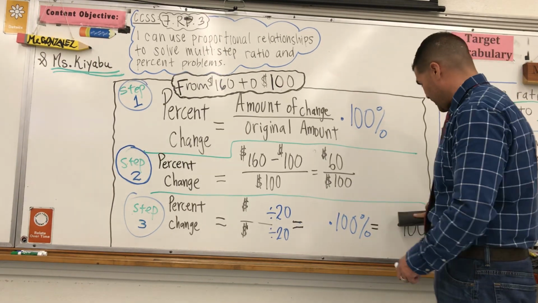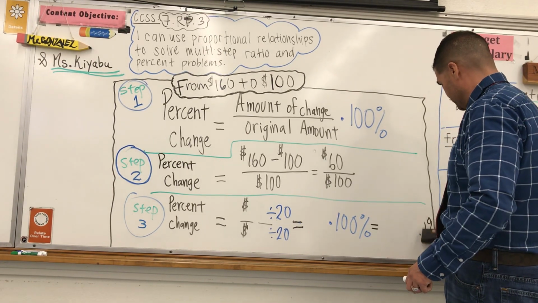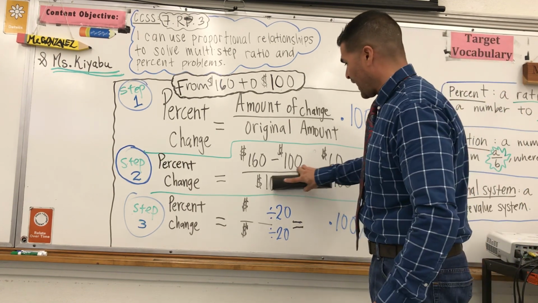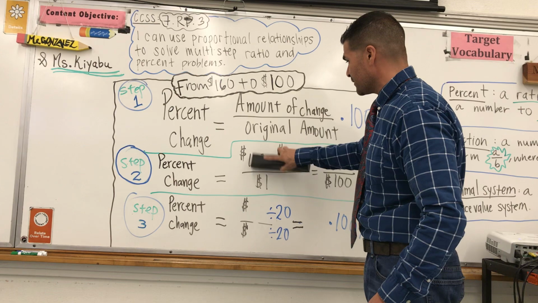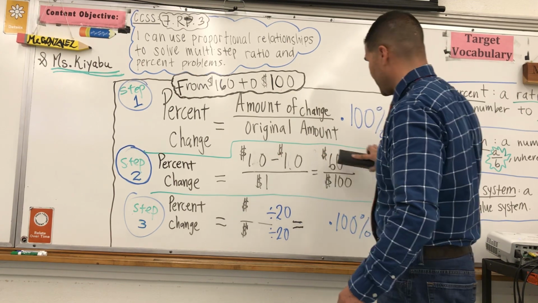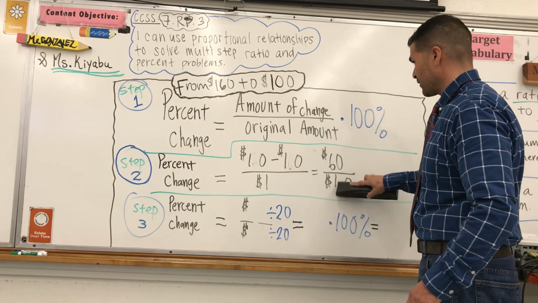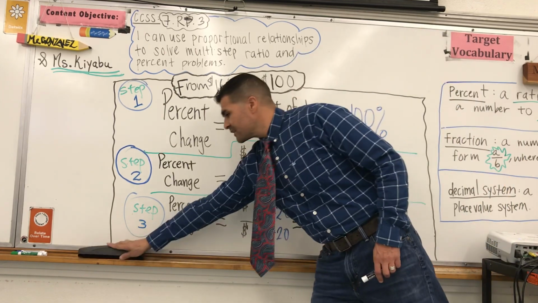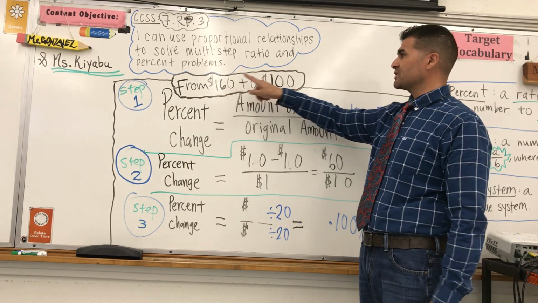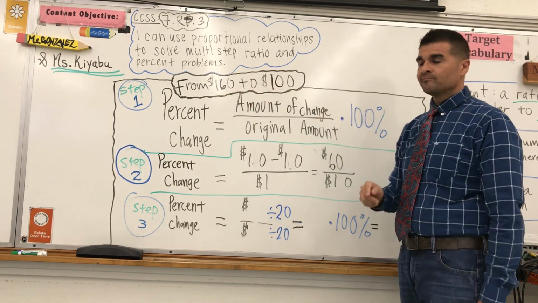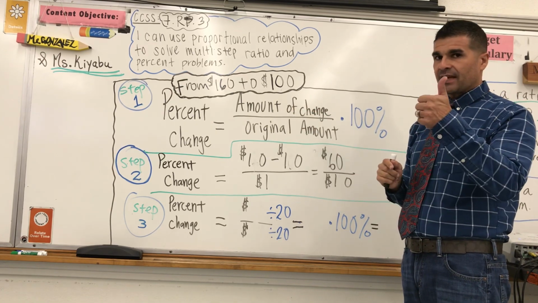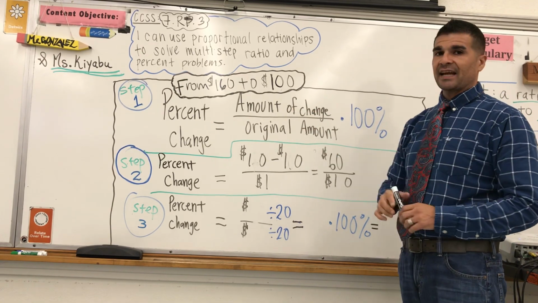I'm going to write some new numbers here, just so you guys can catch up with me. All right, let's take a look at what this problem said. It said from $160 to $100. Well, the equation is not going to change. That is going to stay the same. But the numbers won't exactly stay the same.